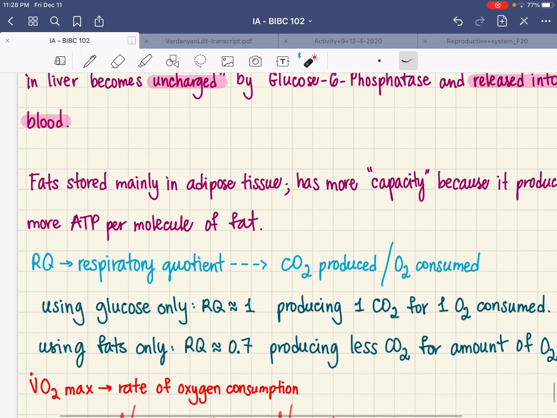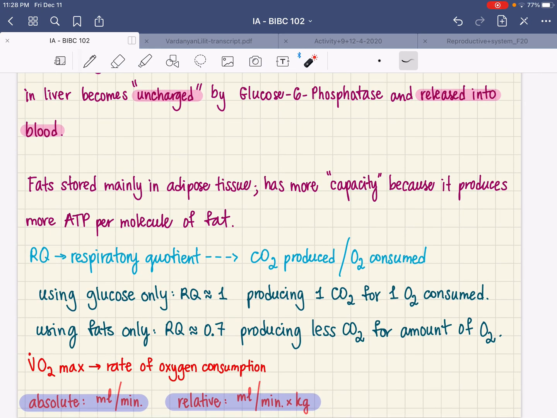Okay, fat stores are mostly in our adipose tissue. And one important thing about fats is that fats contain a higher capacity of energy because they produce more molecules of ATP per molecule of fat versus glucose, right? If we think about it, if we take a molecule of glucose and we break it down through glycolysis, we will make 2 molecules of ATP, right?